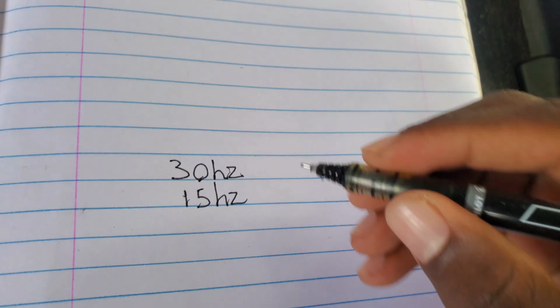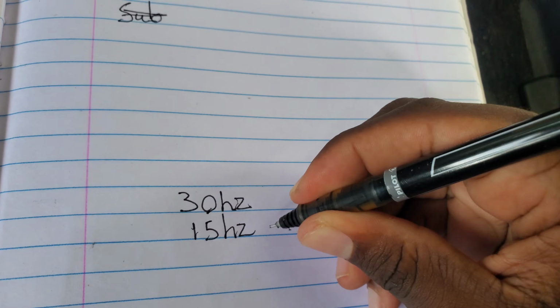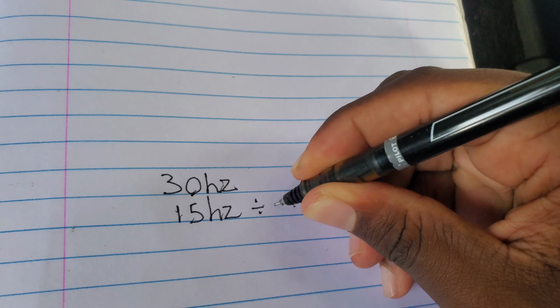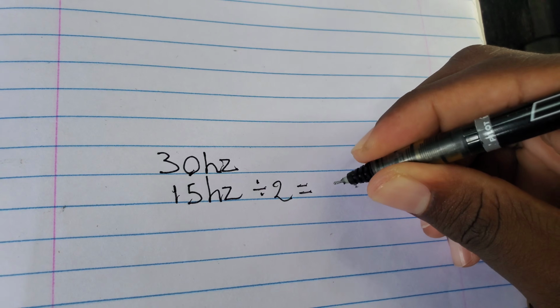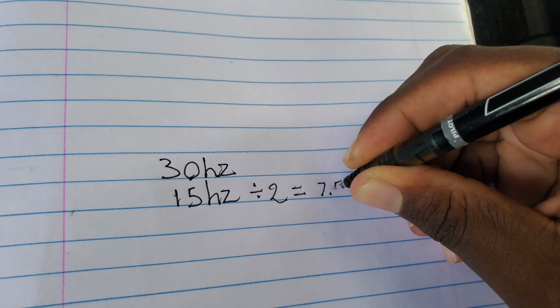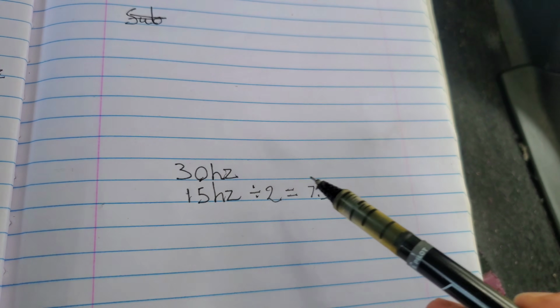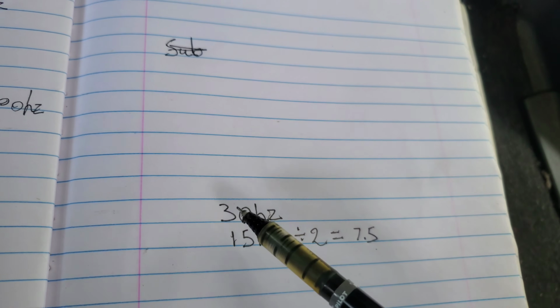Then we need to divide the full octave by 2, and it should give us a value of 7.5. So we need to take the value we got and subtract it from our box tuning.